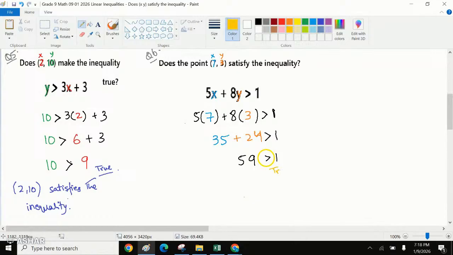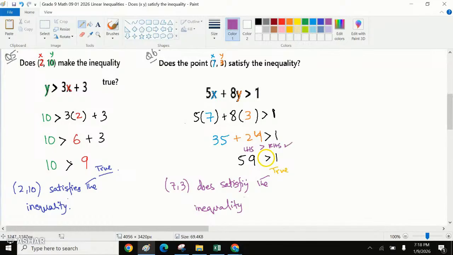So we said this statement is true and the given point 7 comma 3 does satisfy the given inequality. So whenever it's true, we just write it satisfies. The left hand side of the inequality is greater than the right hand side, and that is true in this case, right?